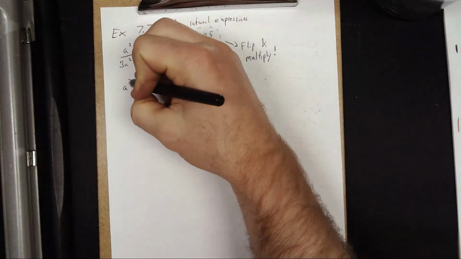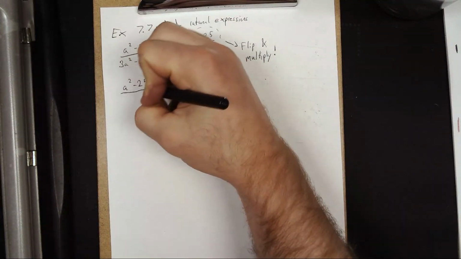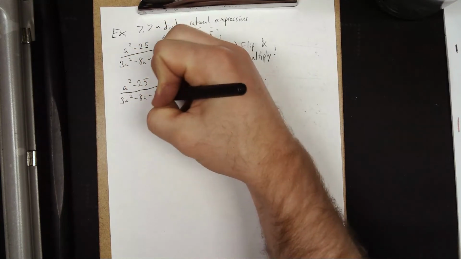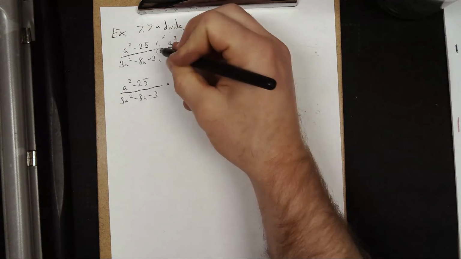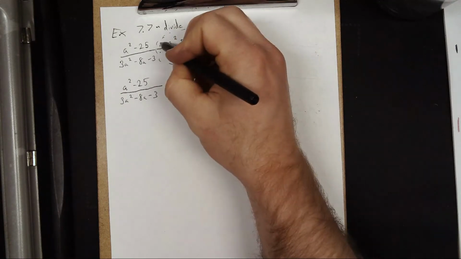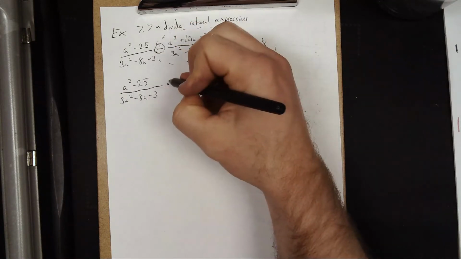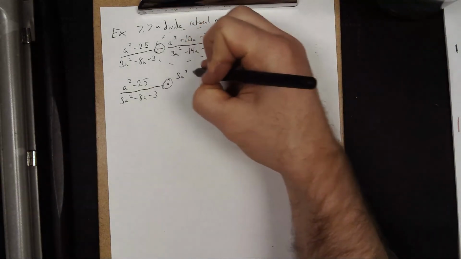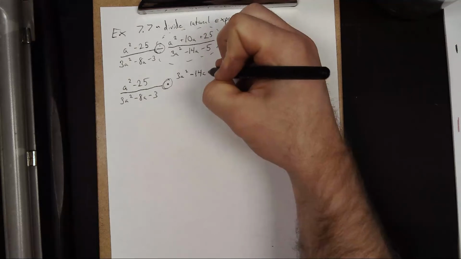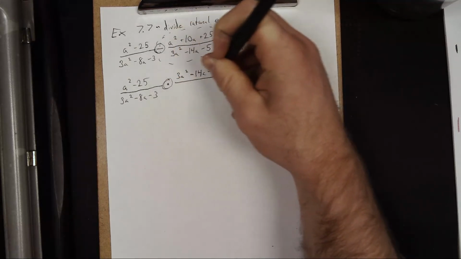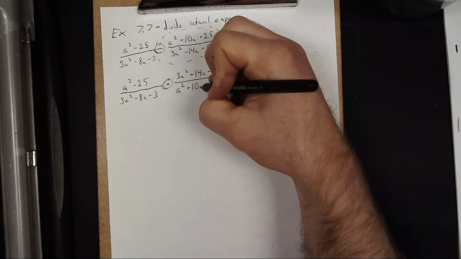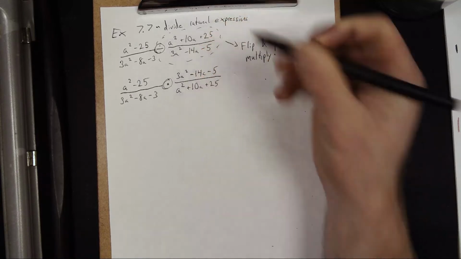So we have a squared minus 25. The left side does not change, so copy that down. Divide changes to a multiply. And now we have 3a squared minus 14a minus 5 on top, and on the bottom, we've got a squared plus 10a plus 25.